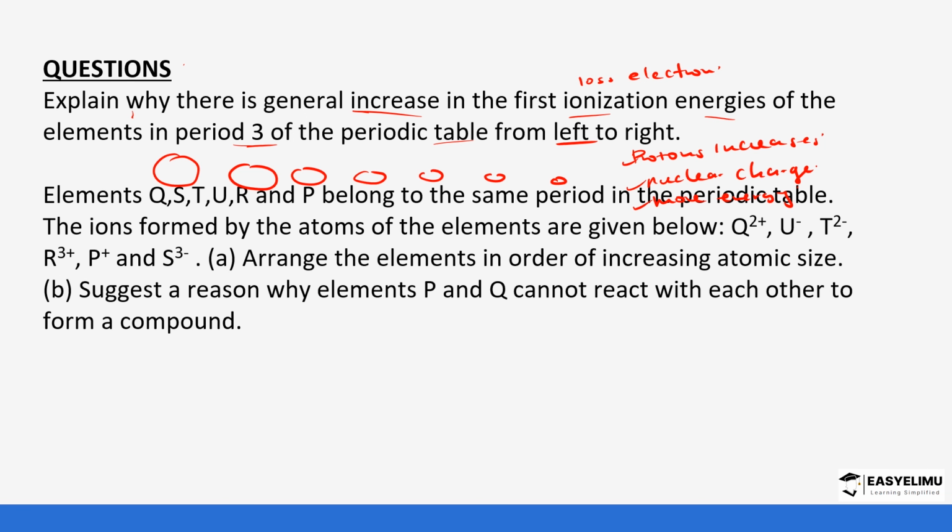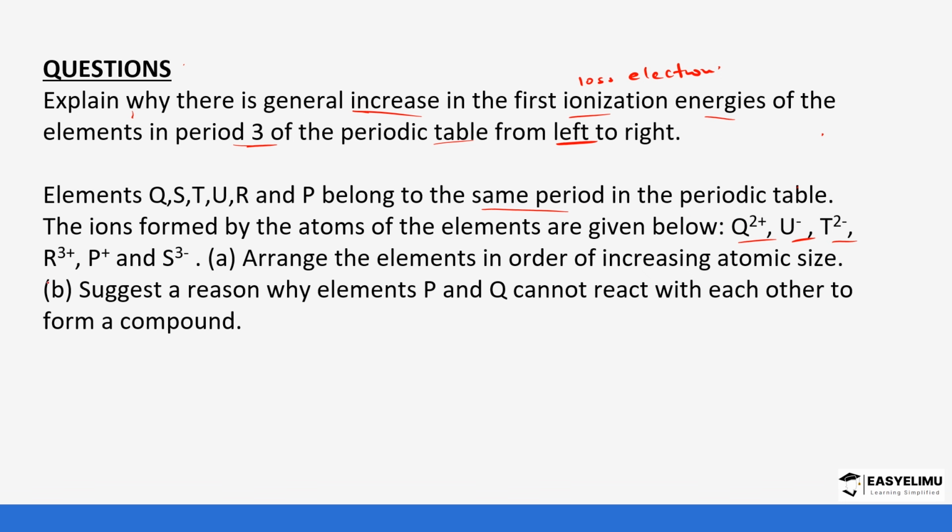And then elements Q, S, T, U, R, and P belong to the same period in the periodic table, and the ions formed by the atoms of the elements are given below. So you have Q, U, T, R, P, and S. Arrange the elements in order of their increasing atomic size.